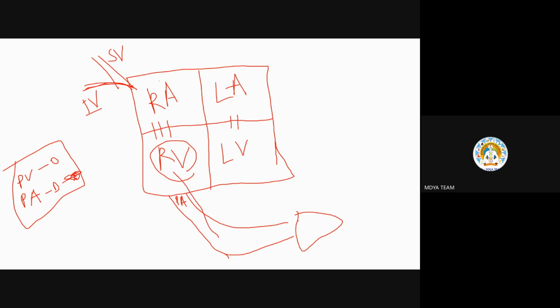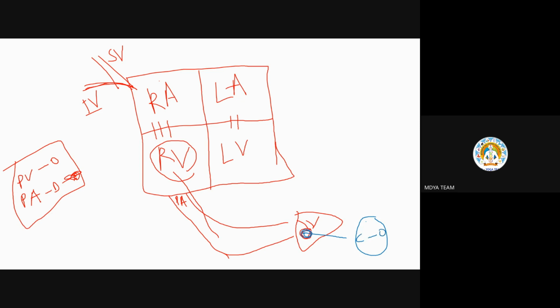Inside the lungs, as I told you in the respiratory system, there are bronchi, bronchioles, trachea, and at the last there are bulge-like structures called alveoli. In the first slide, when we studied the respiratory system, I told you these alveoli have the capacity to exchange gases, carbon dioxide and oxygen.